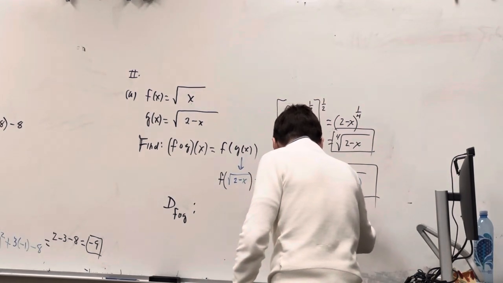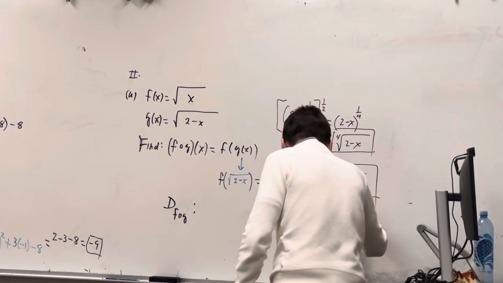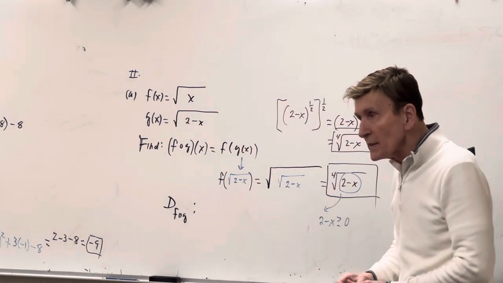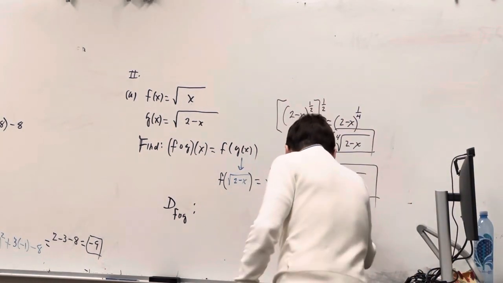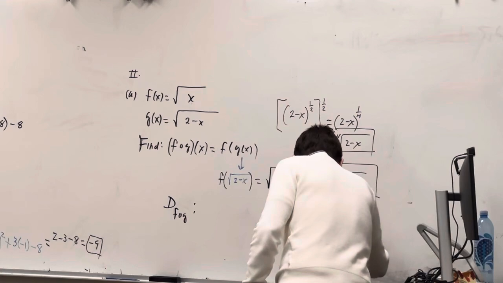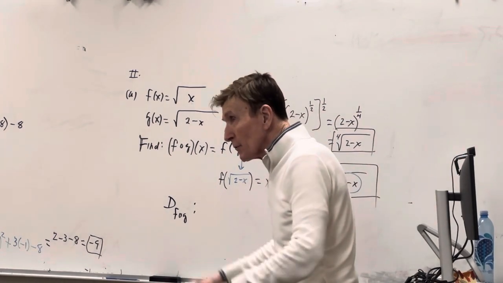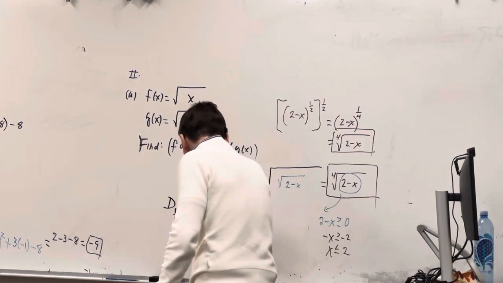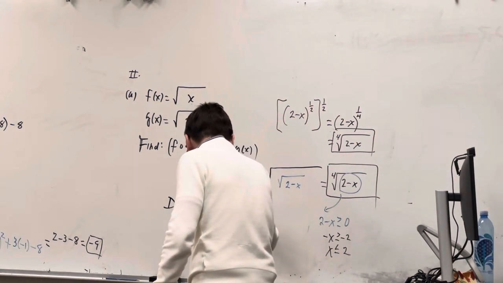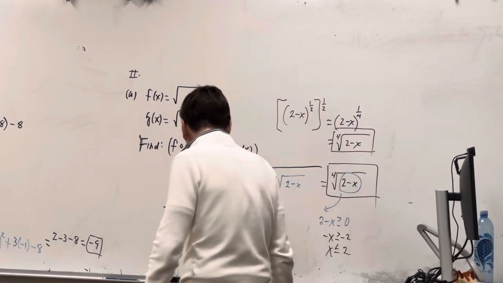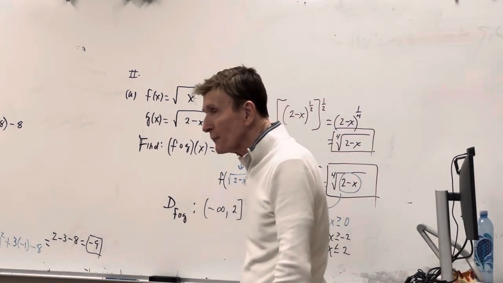So 2 subtract x must be greater than or equal to 0. Now to solve this, easily done. You have some of these on the exam tonight. x is less than or equal to 2, and I'll reverse my symbol. Is that true, guys? So my domain here is negative infinity up to 2, bracket. That's my domain on that fourth root answer.